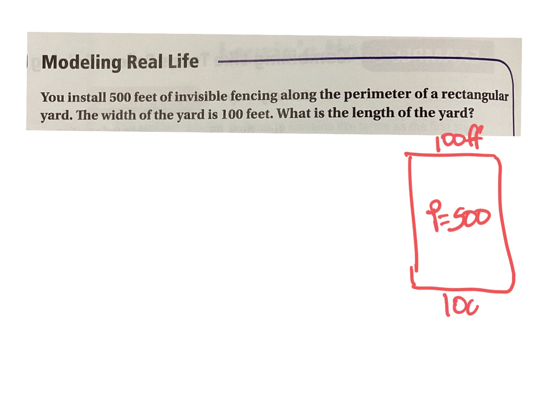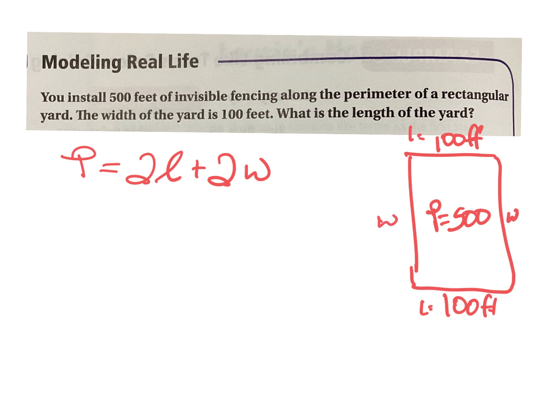And so this is 100 feet. And the way I get the perimeter, it's 2 times the length plus 2 times the width. So it says the length is 100. So we know what that is. But the width, that's what we're wondering.